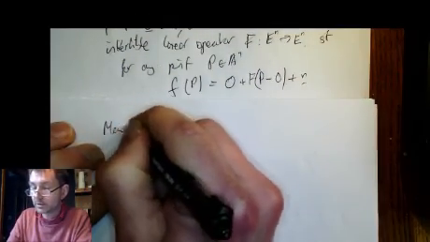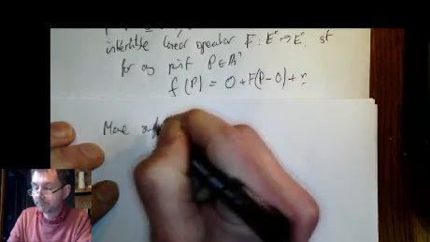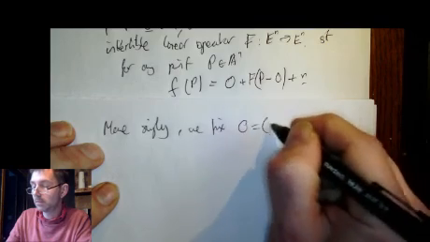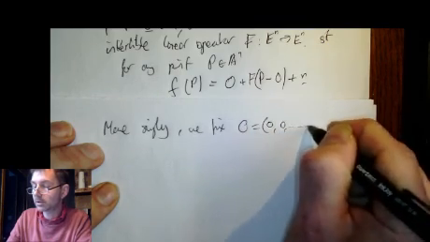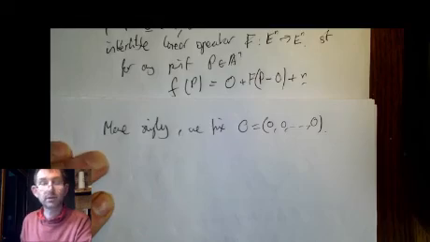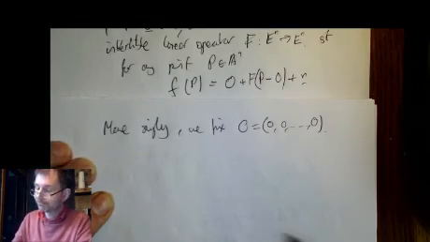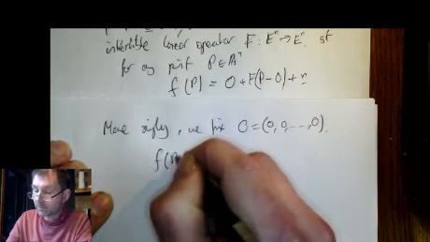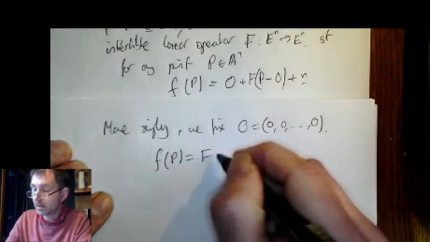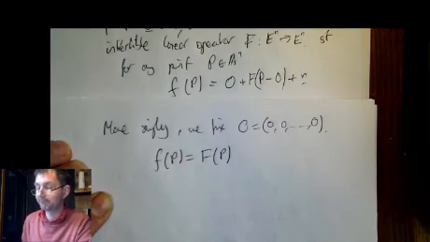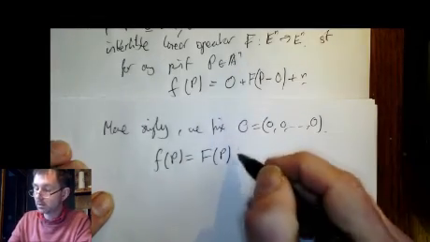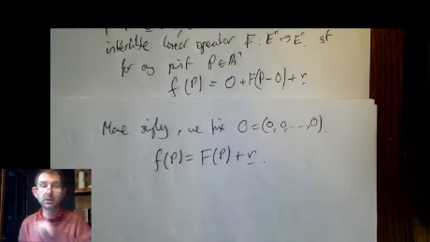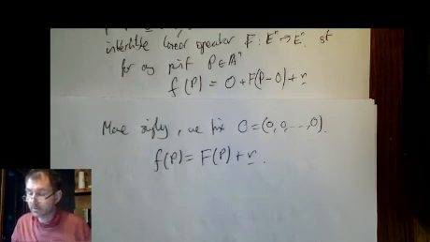So more simply, we fix O in a coordinate system, so that's just going to be the point 0, 0, and we just say that f of P is equal to big F of P for this linear operator, and then plus the translation.